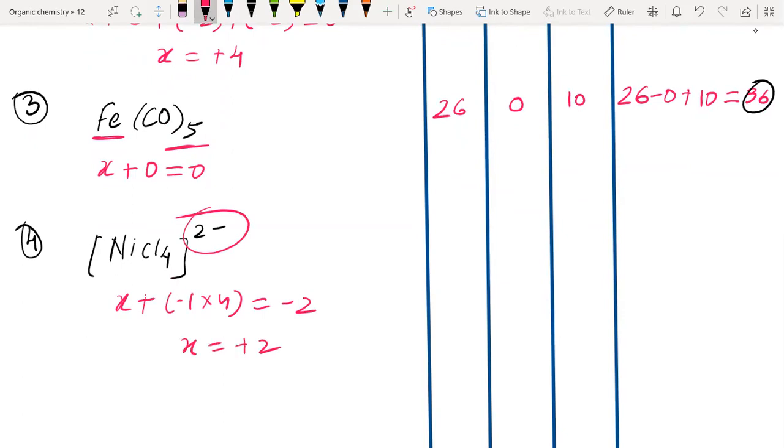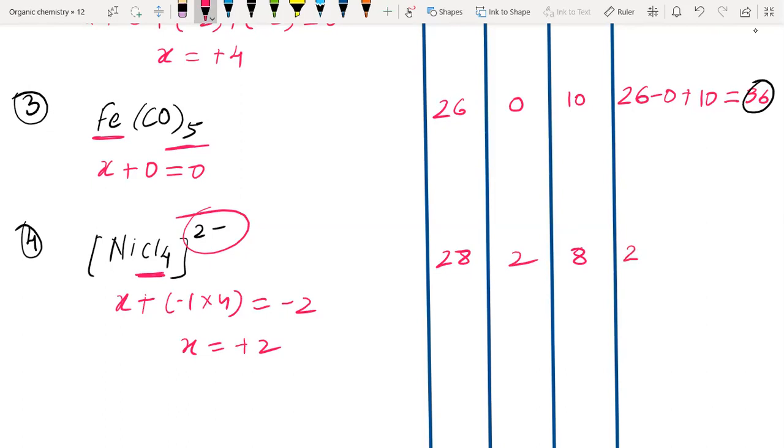So we got the oxidation number. What is the atomic number of nickel? The atomic number is 28. Oxidation number is 2. And the number of electrons accepted we can get from the ligand. 4 chloride is there, that means 8 electrons are accepted by the metal.